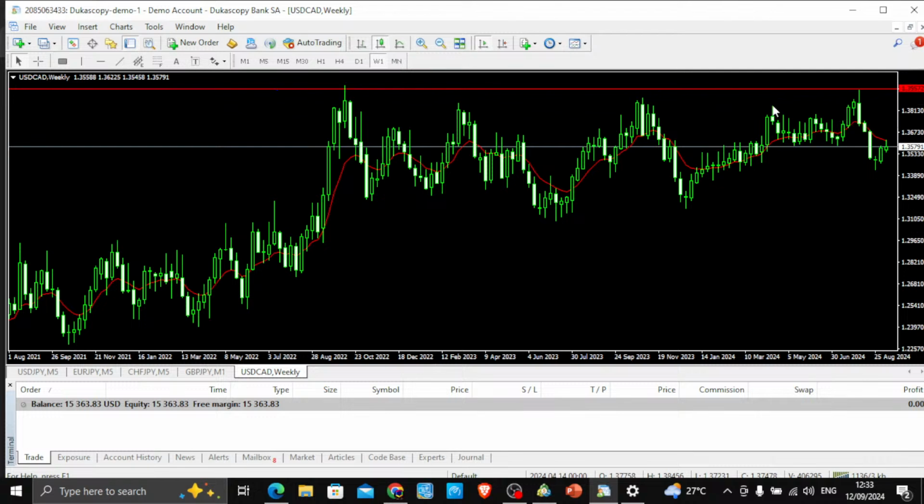Now look at the swing low on weekly. This is the swing low. So based on the weekly chart, until it takes out this weekly low, you know that it is bullish.